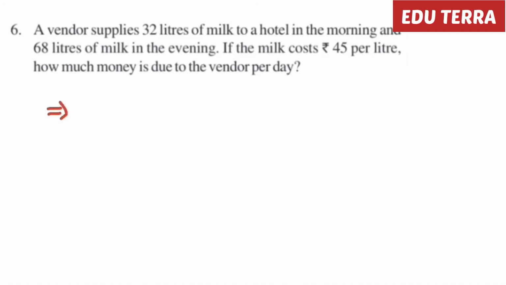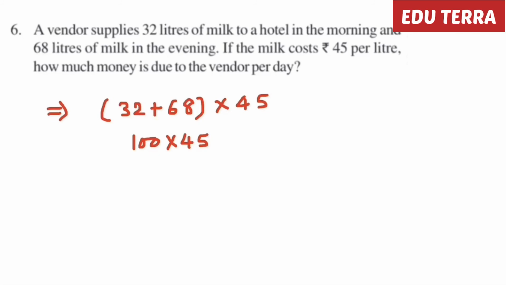Here you can do, see the total milk 32 plus 68. What is the cost of 1 liter? Multiply by 45. It is 100 into 45. So this implies that 4500. Okay, this is our answer.